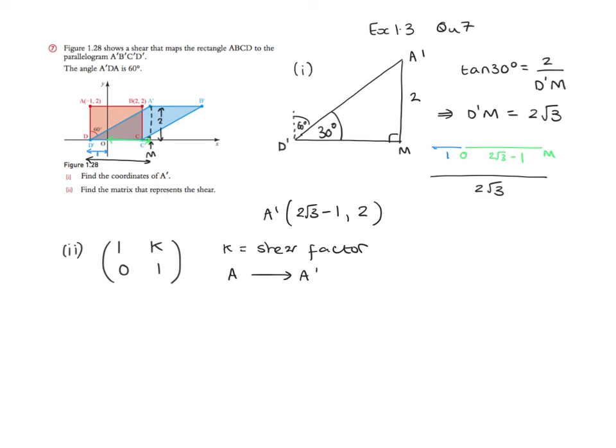What we can do is find out the distance between A and A'. So A' has an x-coordinate of 2√3 minus 1, and A has an x-coordinate of minus 1, so the distance between them works out to be 2√3.